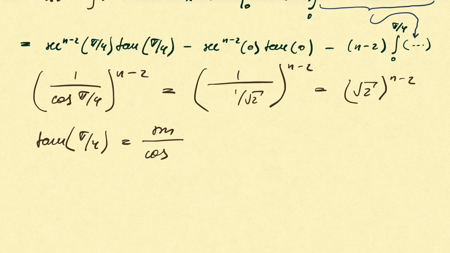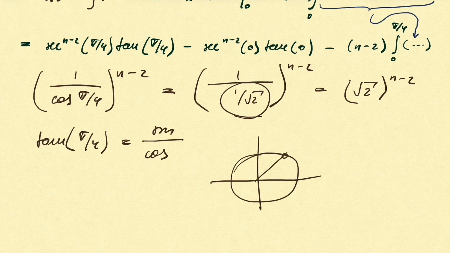Again, cosine of pi over 4 is 1 over square root of 2, and it turns out to be the sine of pi over 4 as well. So sine and cosine have the same value at pi over 4. We know this from the circle as well, because it's pi over 4, we have the same value. So tangent of pi over 4 is 1. They both have the value of 1 over square root of 2, so it's 1.